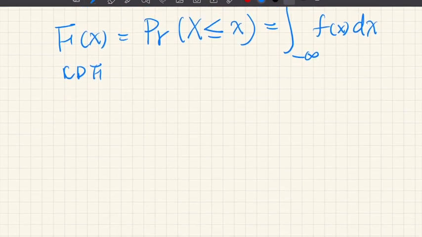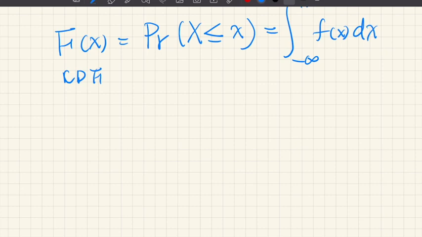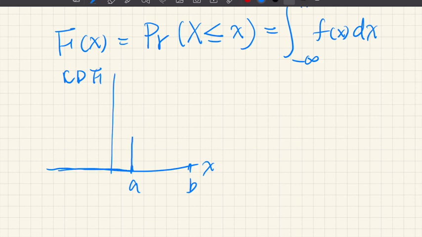Okay, let's see one simple example. Let's consider a density function, a uniform density function. So this is a, this is b, and here's 0.